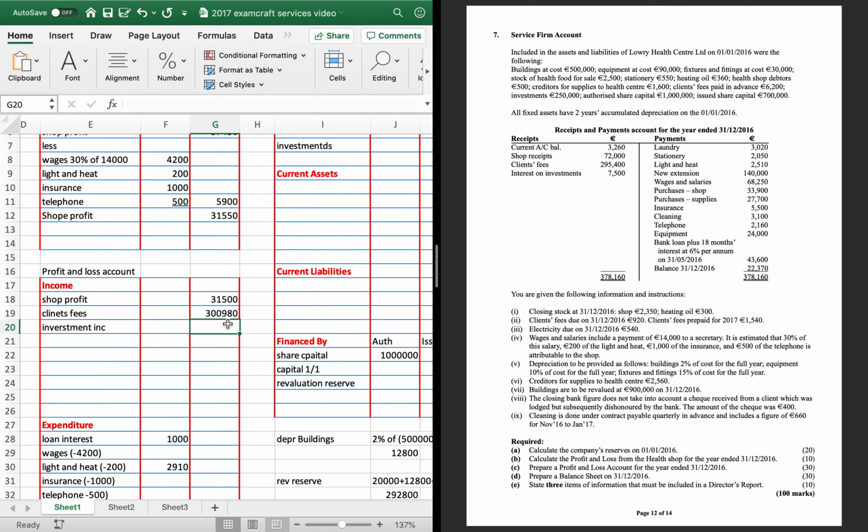So that is 7.5. Okay, laundry 3020. There's no mention of laundry in my question, so that can go straight in. 3020 as an expense. Tick it off.